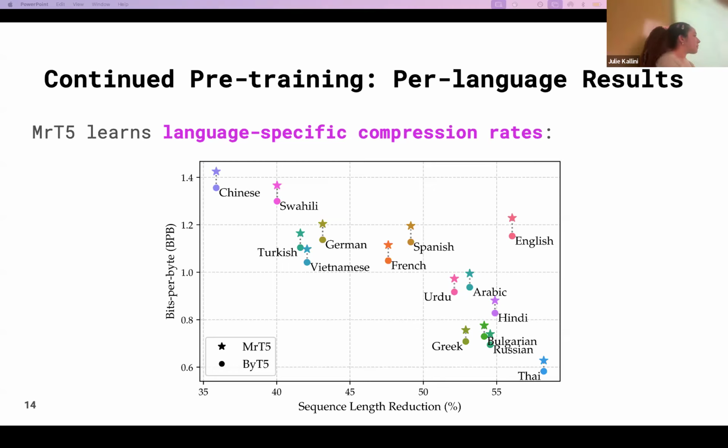They're pushed farther to the right on this plot. At the same time, MrT5 only introduces a slight bits per byte increase compared to Byte-T5 for each language. So it learns when to delete more when it can, basically, without having a performance hit.